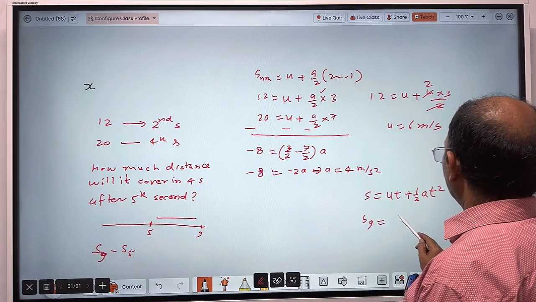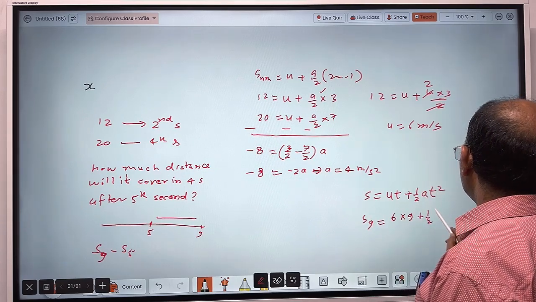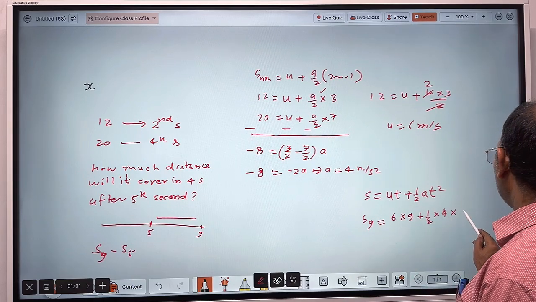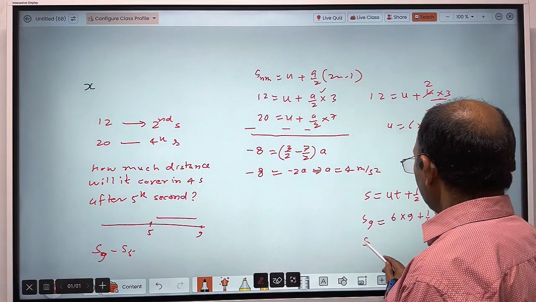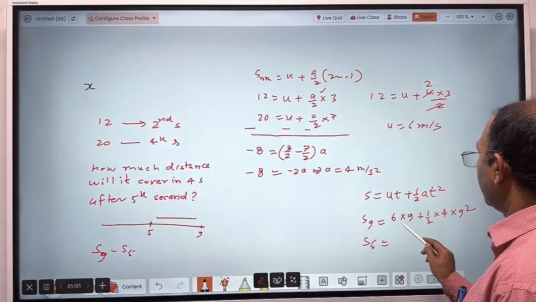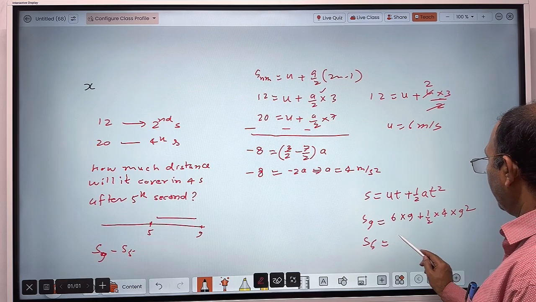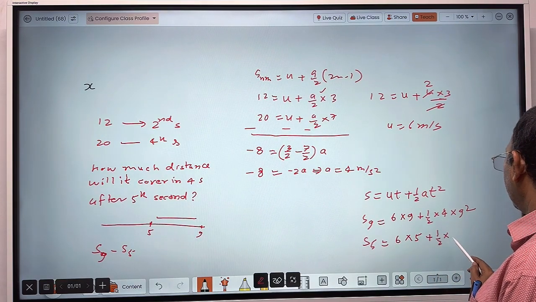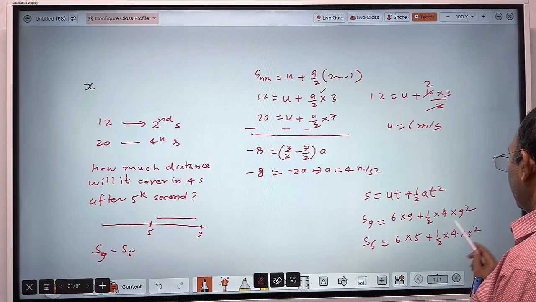So u is here 6 times 9 plus 1 by 2 times a, which is 4, times 9 square. I'm not evaluating, that is your task. And then S5 means we are going to put t equal to 5 and u equal to 6. So 6 into 5 plus 1 by 2, acceleration is 4 times 5 square.